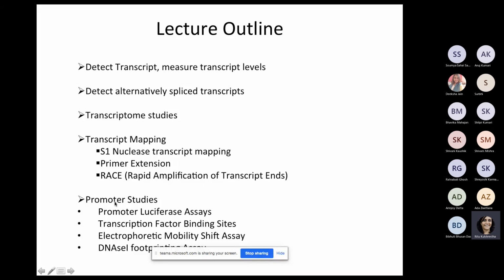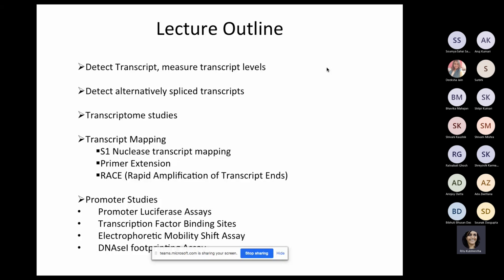And finally, if you want to study its promoter, you want to know how a particular gene is getting expressed or getting affected by the transcription factors which are binding to the promoter, then which are the various methods which are concerned with it. So this whole thing is, there is a chapter in TA Brown also, and some extra notes are given as part of this particular lecture also.